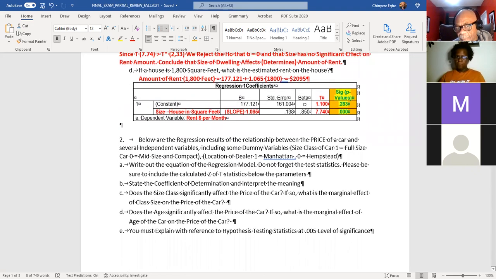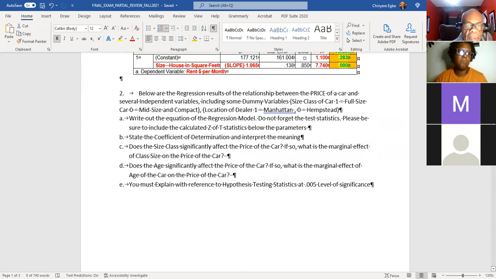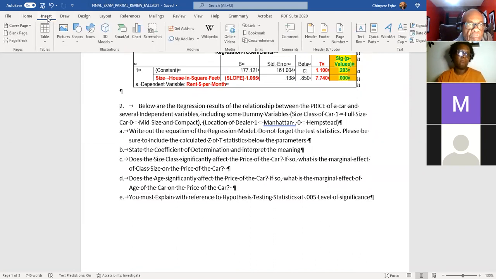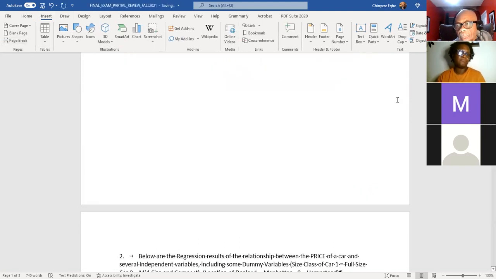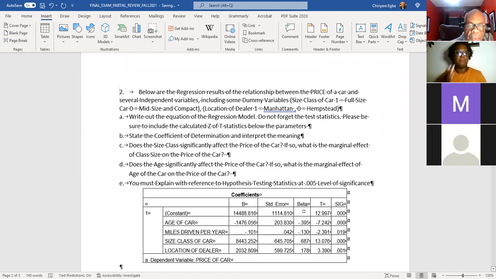Okay, here's another example. The same kind of problem. The difference is that this problem, which I'm going to put on a separate page, is on multiple regression, not simple linear regression. The first problem was simple linear regression, and this other problem is multiple linear regression.